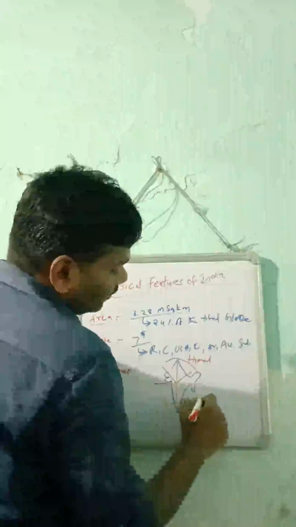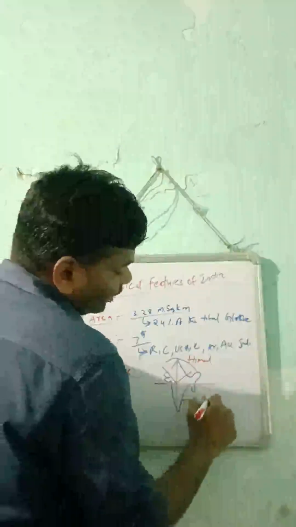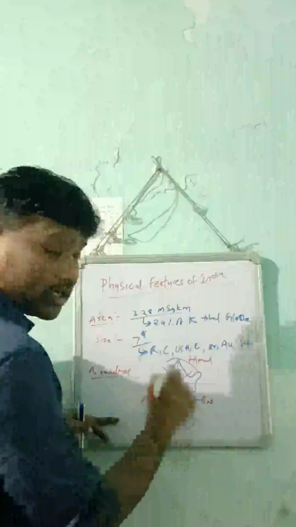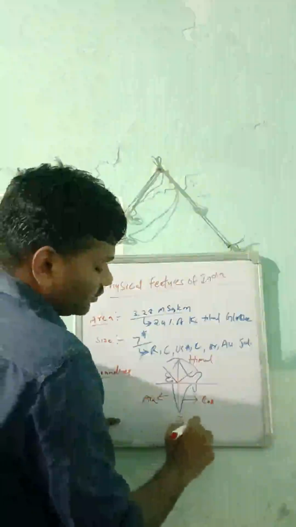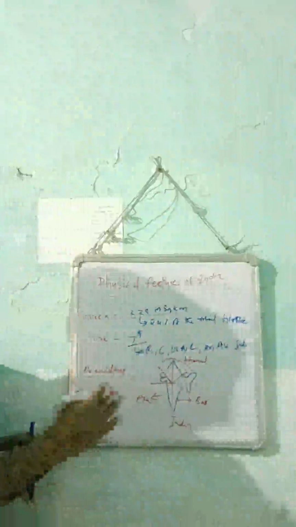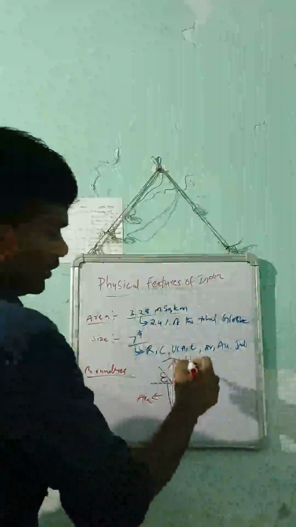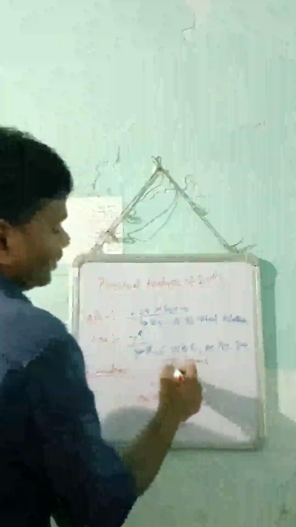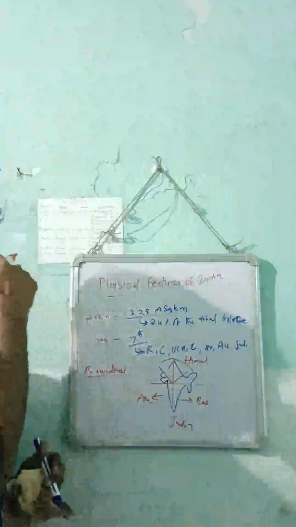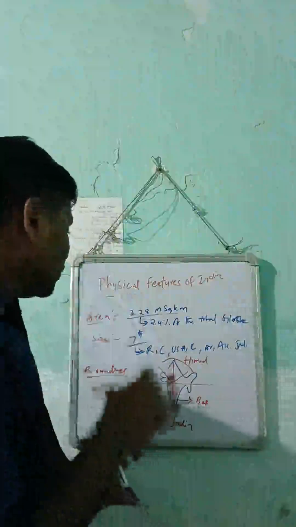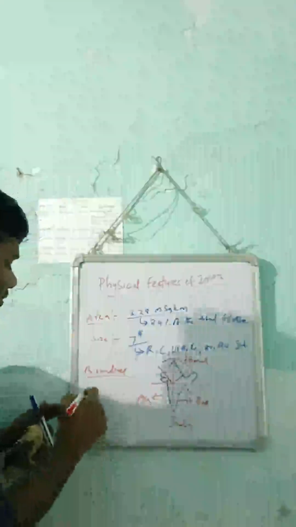On the east side is the Bay of Bengal, the west side the Arabian Sea, and the south side the Indian Ocean. These are the natural boundaries of India. Himalayas on the northeast, north and northwest side, Arabian Sea on the west, Bay of Bengal on the east, Indian Ocean on the south.